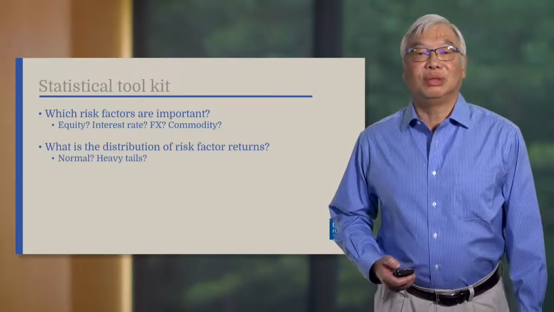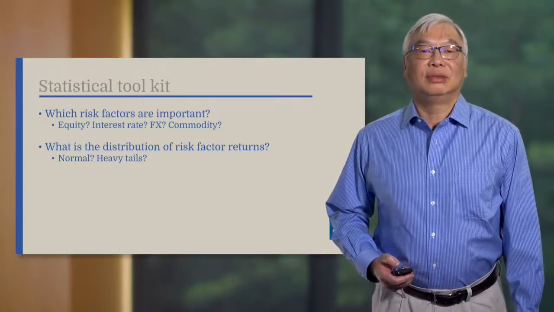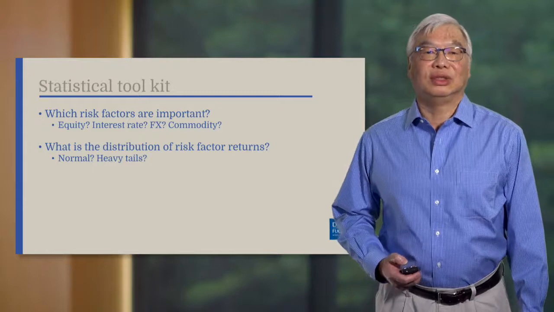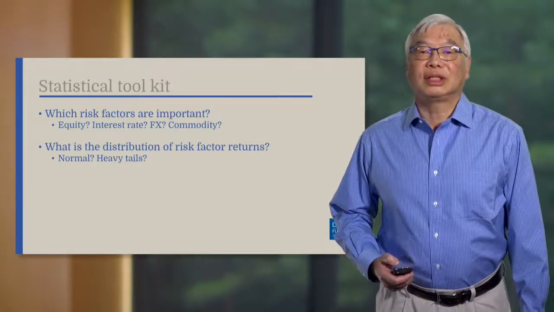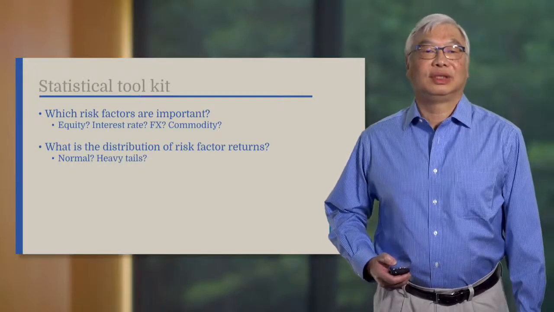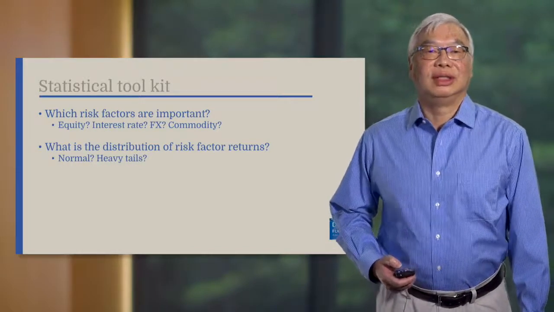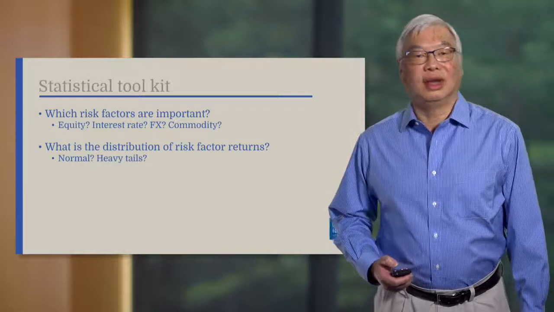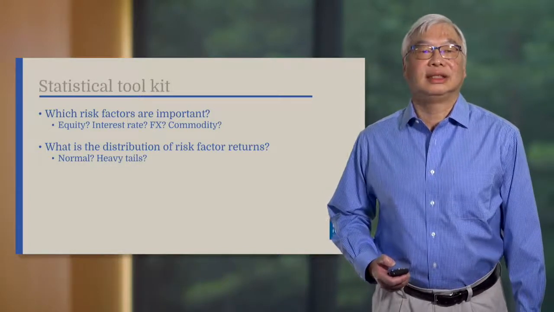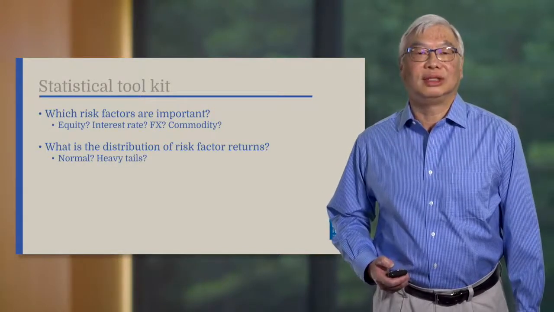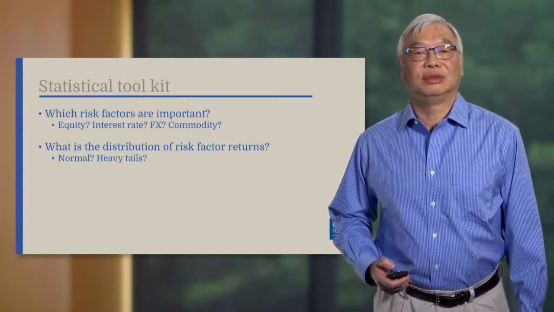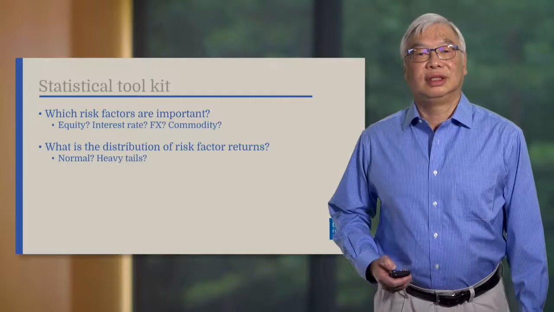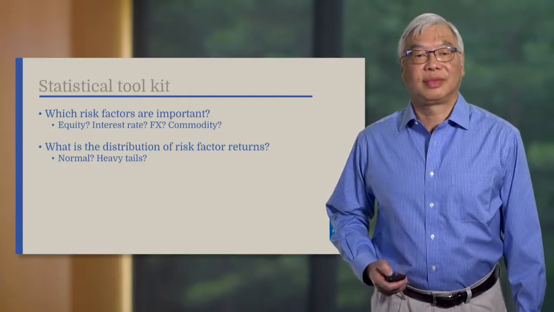Now, once we know which risk factor is important, we need to understand the distribution of the returns of the risk factor. We are mostly concerned with the shape of the return distribution. Is it normally distributed or not? And if we find that the distribution is not normally distributed, we would want to know if the tails of the return distribution are heavier than the normal distribution.